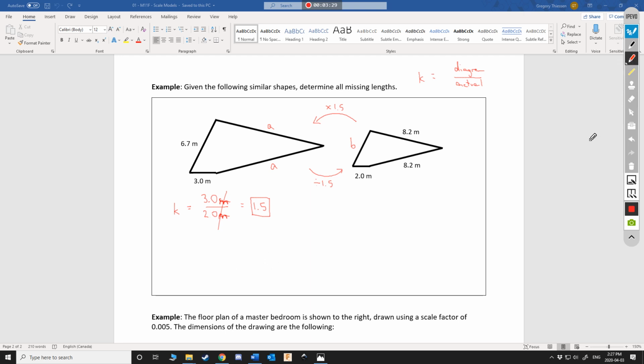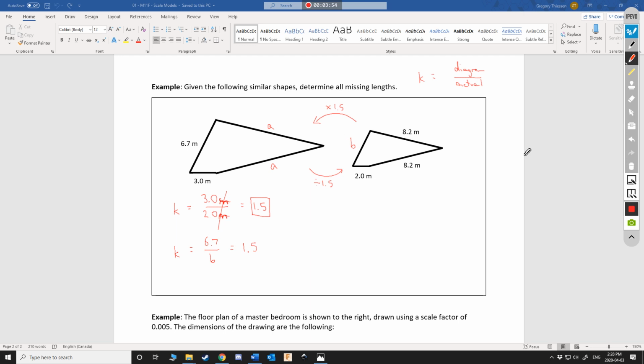So we have this 6.7, and if I divide this 6.7 by 1.5, it will get me B. If you want to write it out as an equation, we have K is equal to 6.7 over B, and that's equal to 1.5. Basically, each corresponding length has that same scale factor.